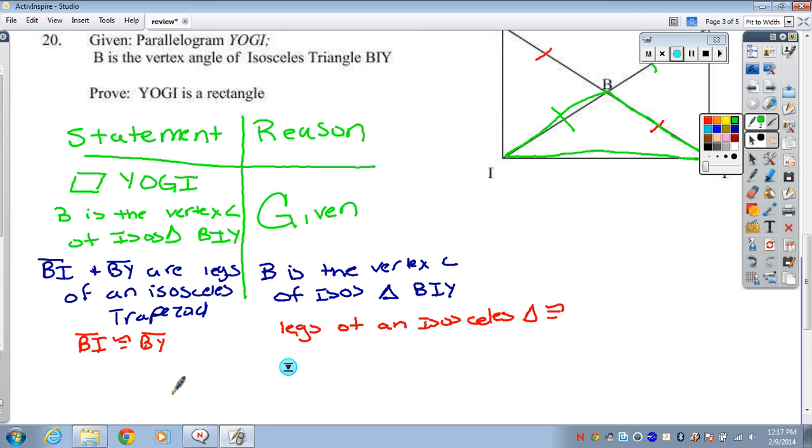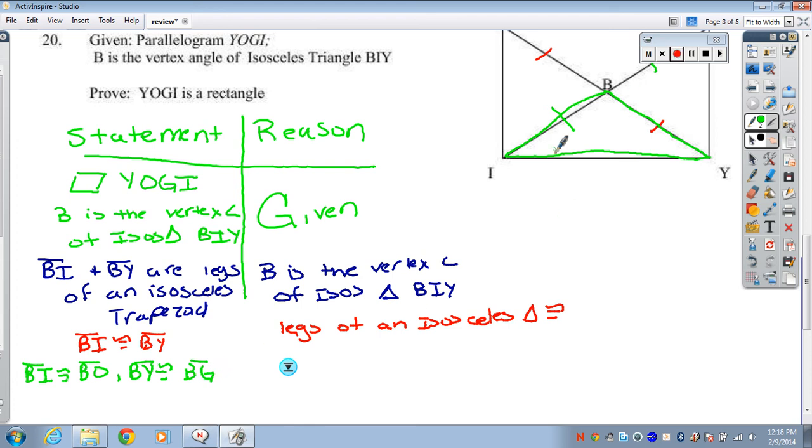We know that BI is congruent to BO, and BY is congruent to BG.